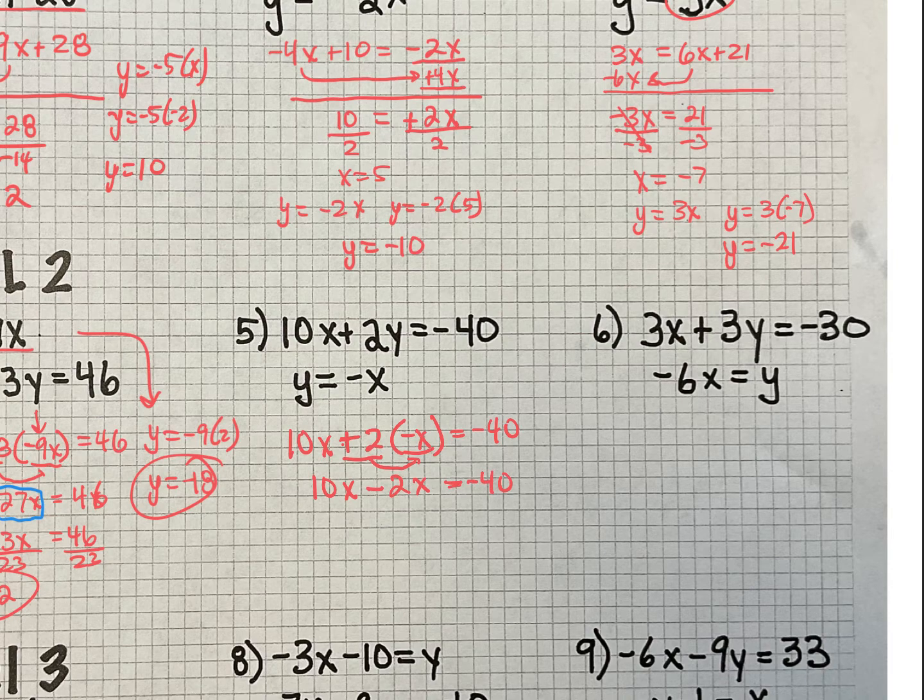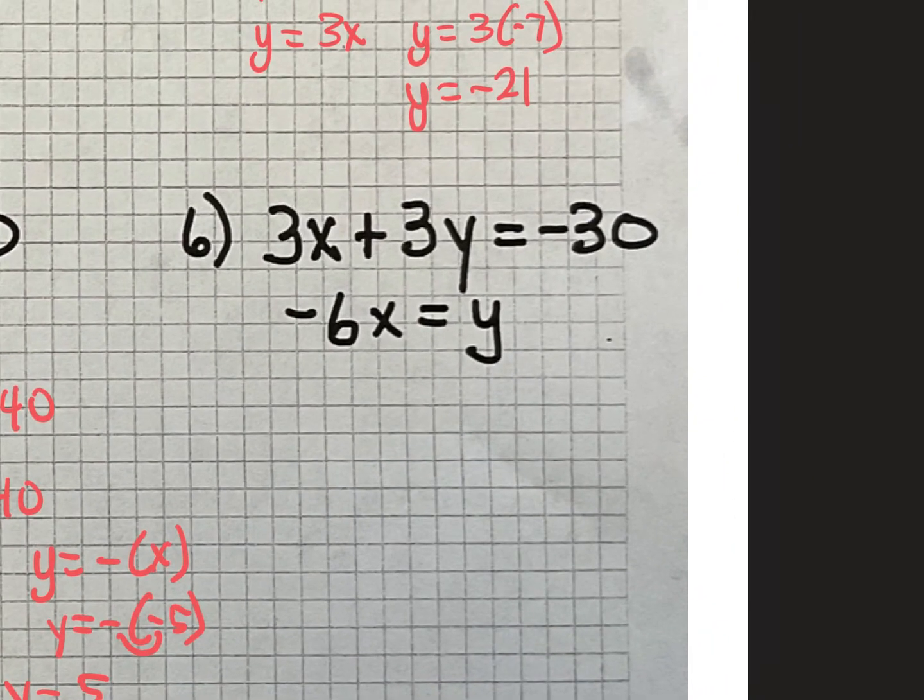Let's see. 10x minus 2x is 8x equals negative 40. Divide by 8. X equals negative 5. And if y equals negative x, then y equals negative negative 5. So y is positive 5. Because the negative and negative will get rid of each other.